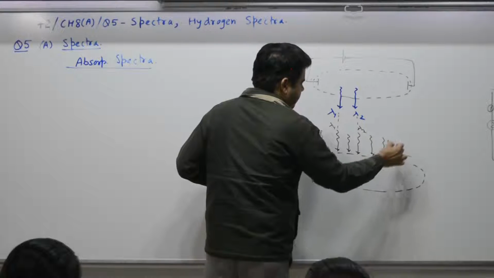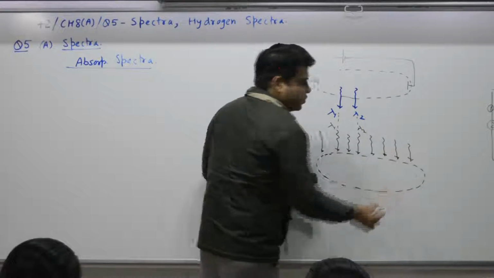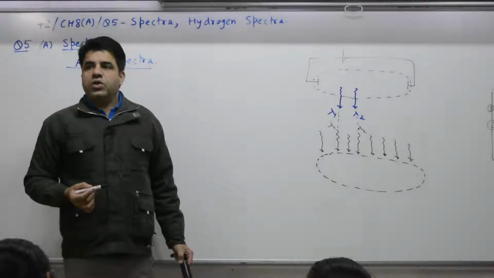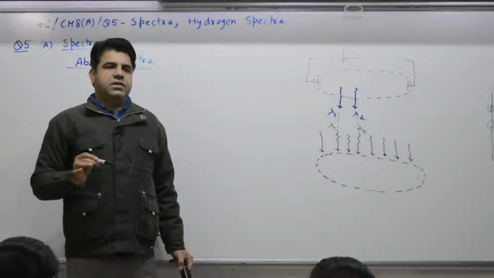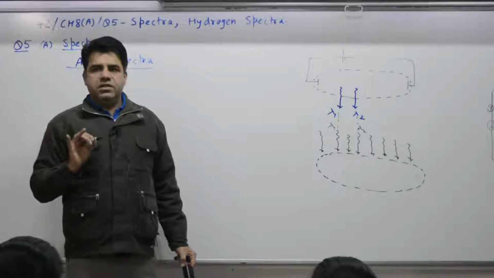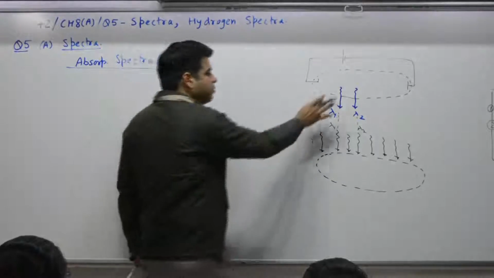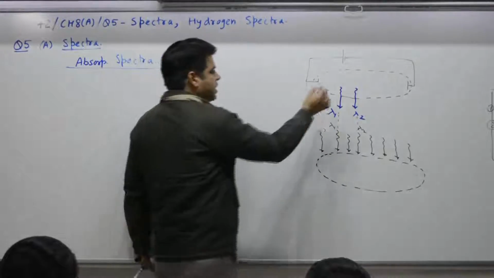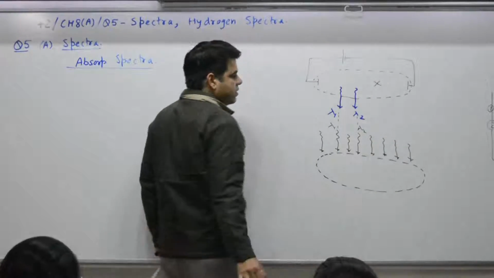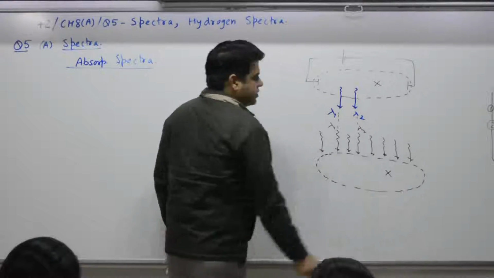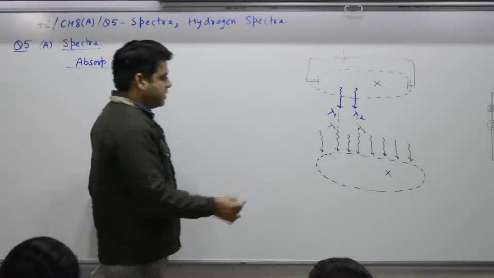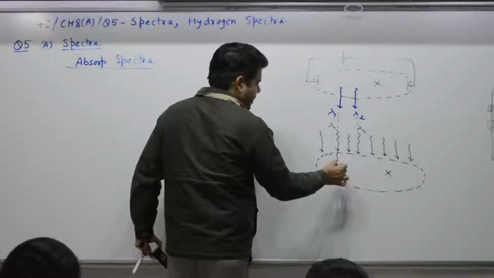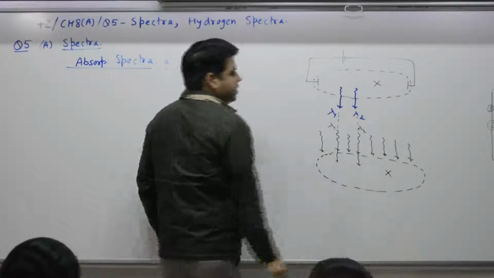All wavelengths. If a light has all wavelengths, what do you call this? Continuous. Sunlight has all wavelengths. So if you pass a number of wavelengths through the same material, suppose it is material X, the observation is that these two specific wavelengths, lambda 1 and lambda 2, will get absorbed.